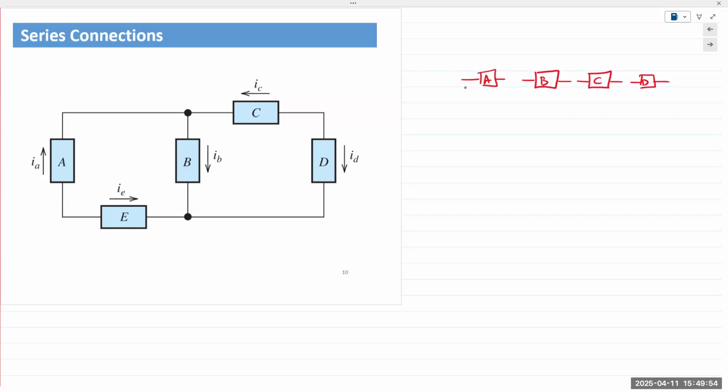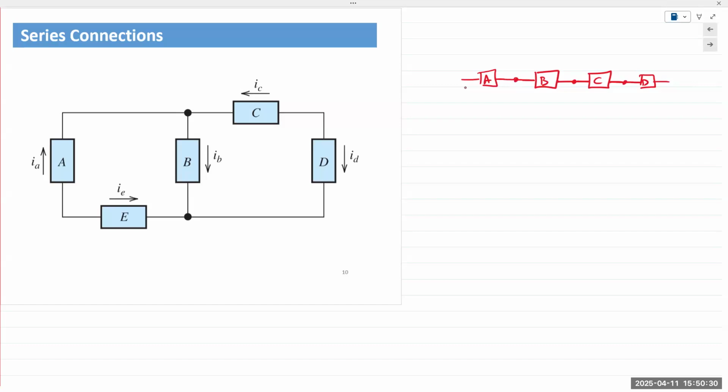And that shared connection should not have more than 2 elements connected to it. So the criteria is that a shared connection between 2-terminal devices should not have more than 2 elements. This is a shared connection between A and B, between B and C, and between C and D. That shared connection should not have more than 2 elements connected to it.